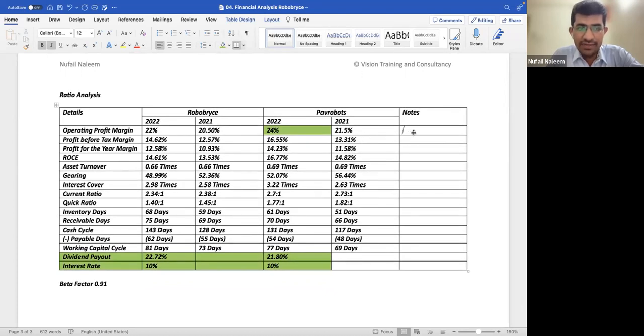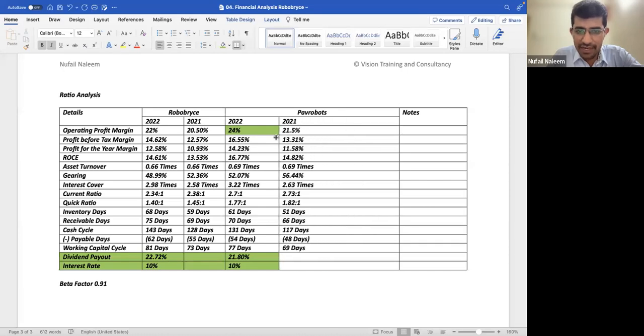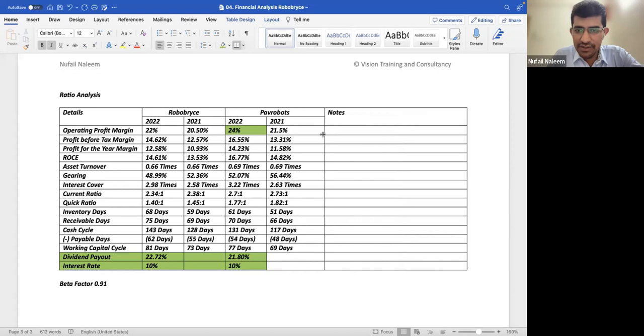Now, the margins: if you see operating profit margin, we are having less. Technically, students, you need to know the economics logic. When the price is low, the sales will be high. Correct, students? That is called price elasticity of demand. In this case, our margins are low, but our sales are also low.